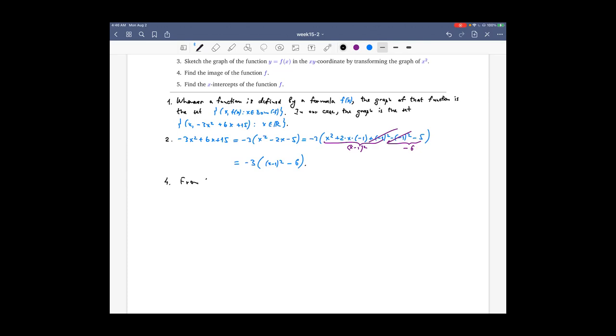If I write f as, again, negative 3 times x minus 1 squared minus 6, which is simply negative 3 times x minus 1 squared plus 18, because x minus 1 squared is always non-negative.